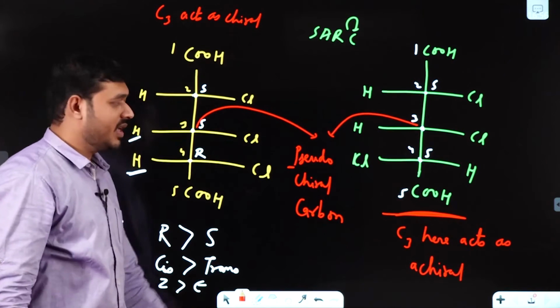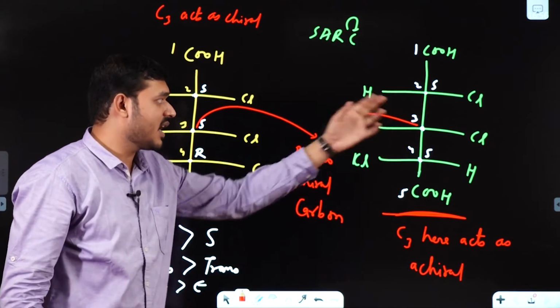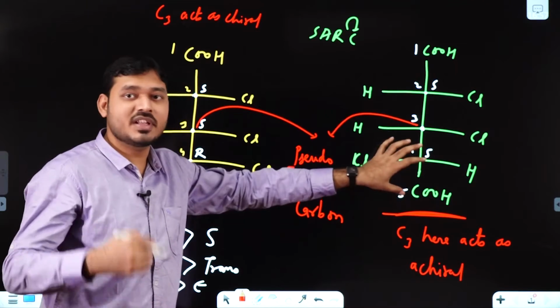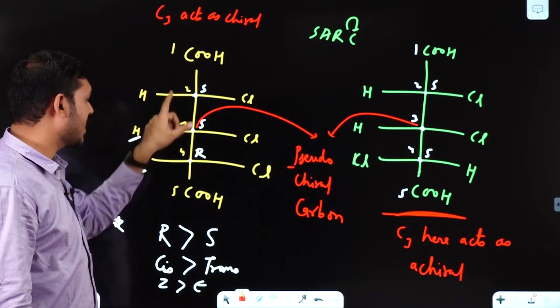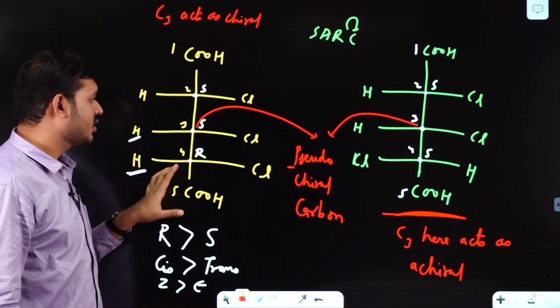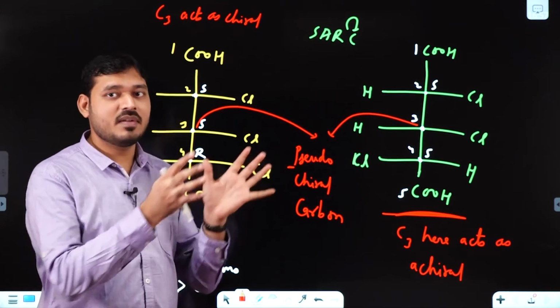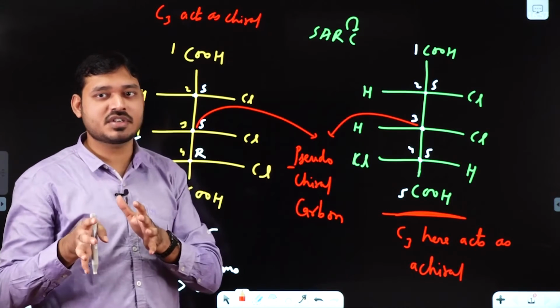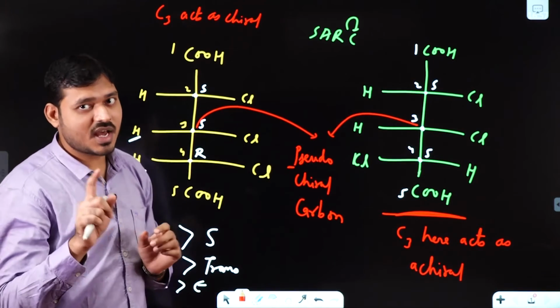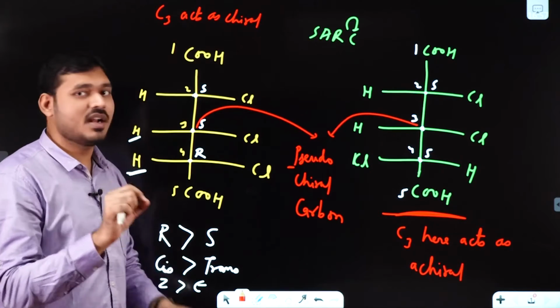In one case it behaves as achiral because both the groups along with configuration are similar, and here the same groups are present but the configuration is different, so chiral. So such a carbon, chiral in one form and achiral in another structure, is called a pseudo chiral carbon.